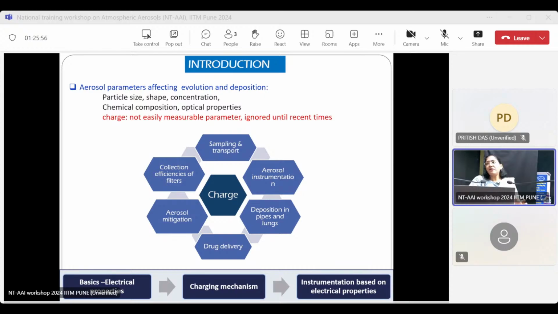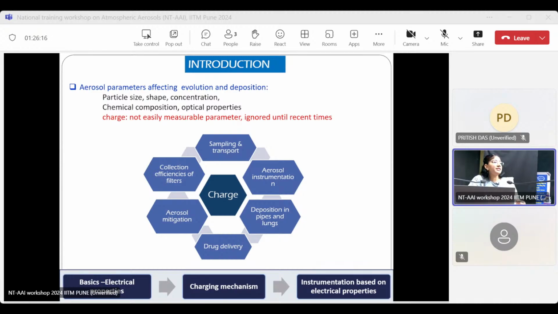There are many instruments available which have utilized the charge properties. The charge properties have been utilized in drug delivery to increase the efficiency. They have been used to mitigate pollution as an air mitigator.